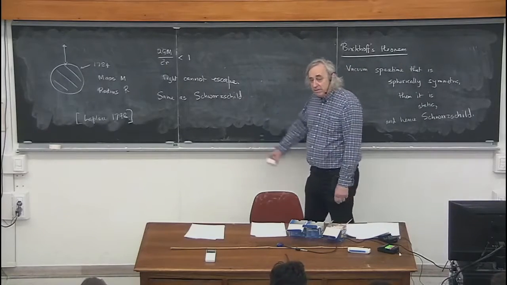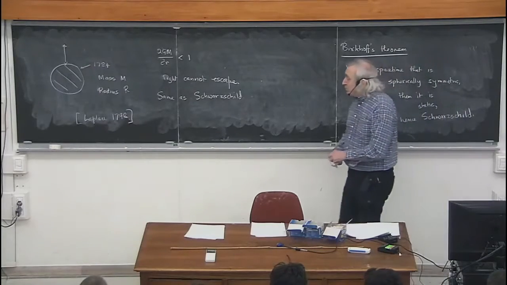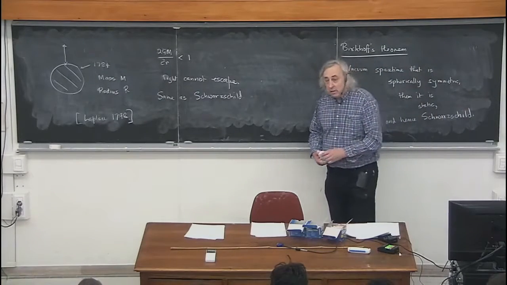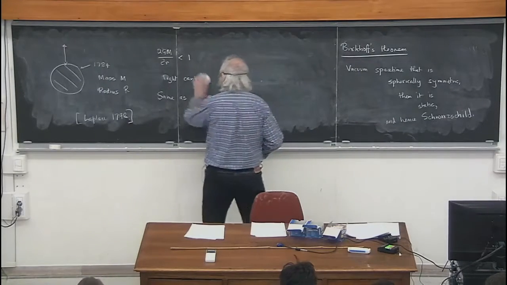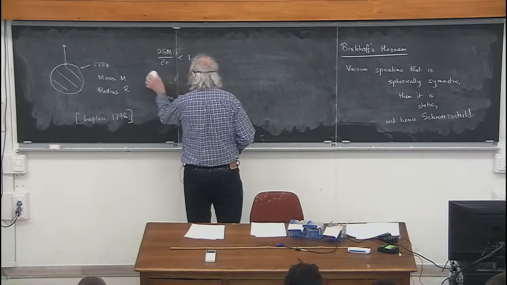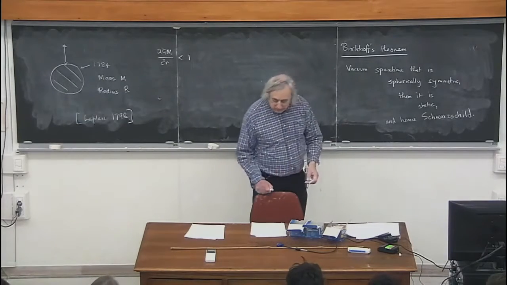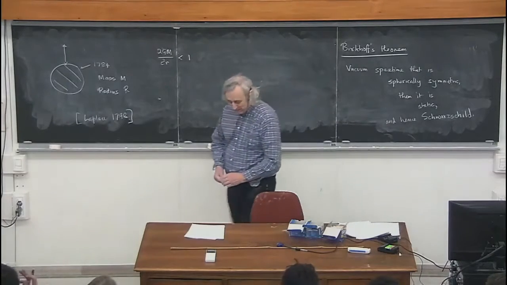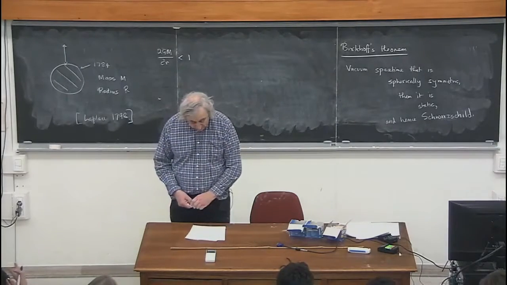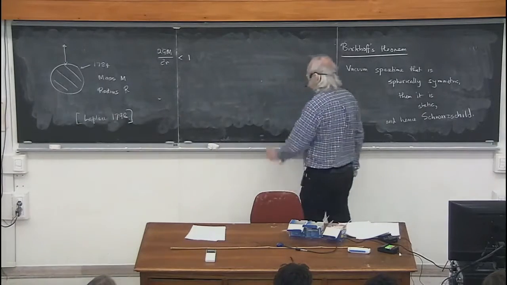Can you have static objects in relativity of arbitrarily large mass, or does something go wrong? So let's try to build ourselves a star, or something like that. What will happen? Well, let's construct a star first of all.